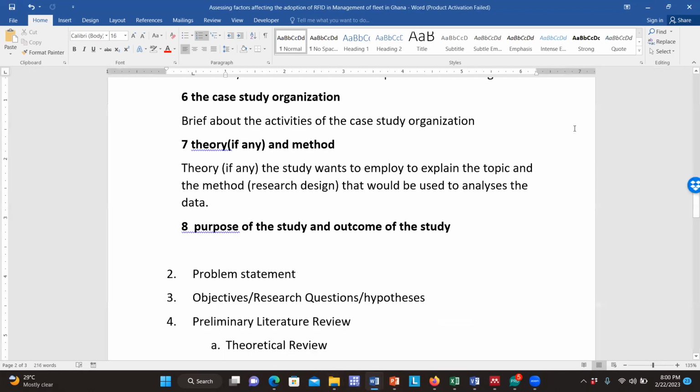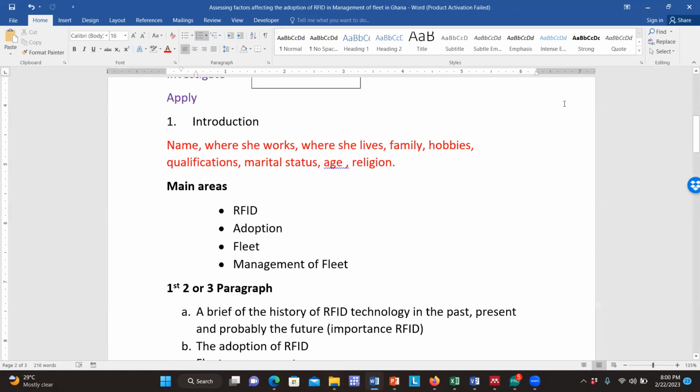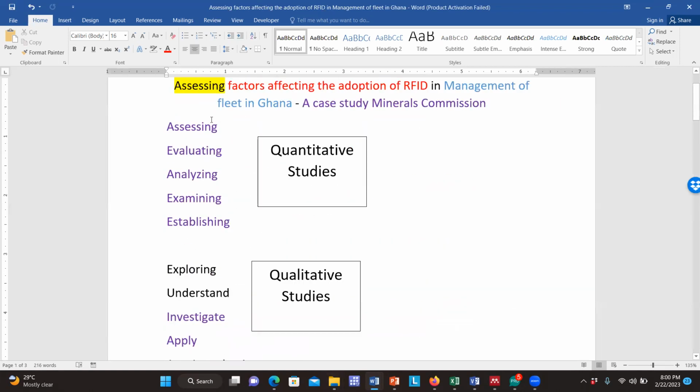We said that if you're using the taxonomy assess, evaluate, analyze, examine, establish, and there are more, you're looking at the study from a quantitative point of view. Do you remember we talked about that? Yes. If I look at your topic, that's what comes to my mind.